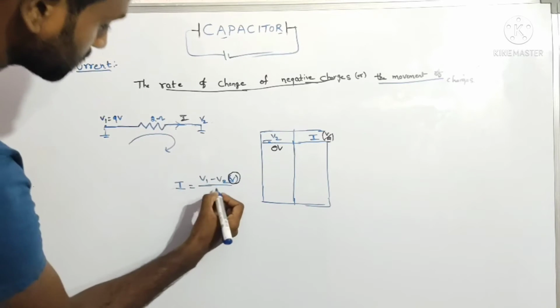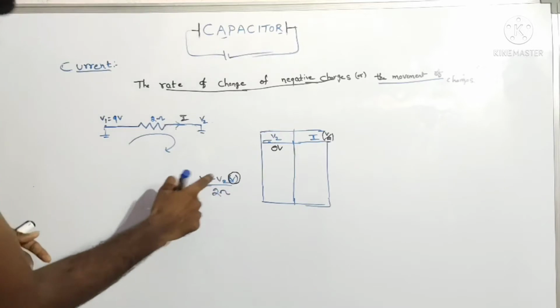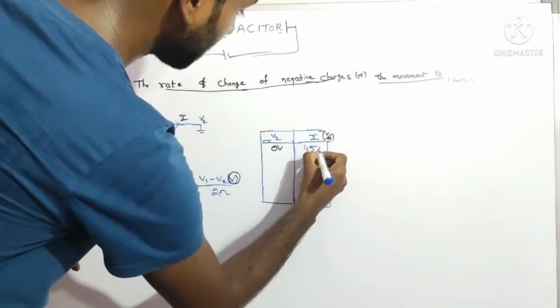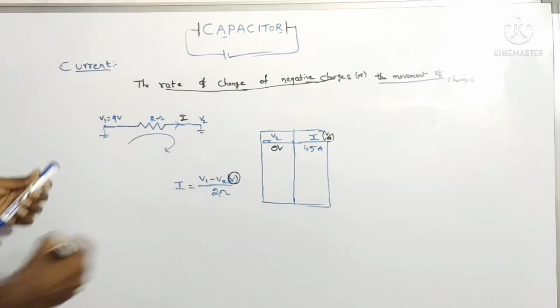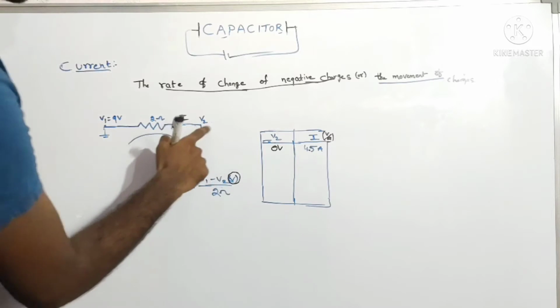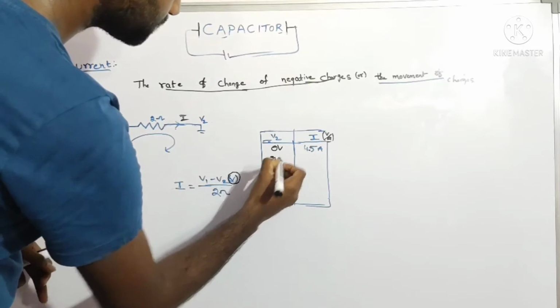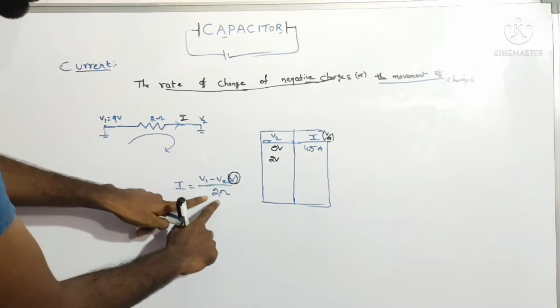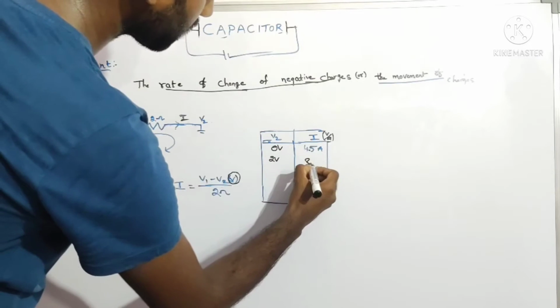This R is 2 ohms, right? 9 minus 0 over 2 is nothing but 4.5 amperes. So I'm going to take this V2 to 2 volts. You can observe this: 9 minus 2, 7 over 2, that is 3.5 amperes.